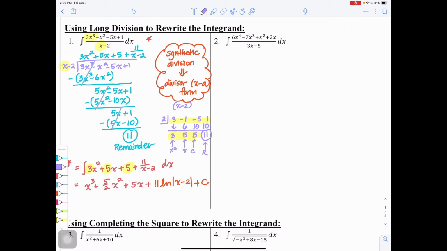Okay, let's give this next problem a try. We have a degree 4 polynomial in the numerator, a quartic, and we have a linear factor in the denominator. Let's go ahead and see what we have here.